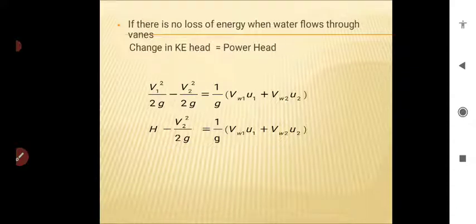If there is no loss of energy when water flows through the vanes, the change in kinetic head, V1 square by 2g minus V2 square by 2g, is equal to the power head, 1 by g into (Vw1 u1 plus Vw2 u2). So H minus V2 square by 2g is equal to 1 by g into (Vw1 u1 plus Vw2 u2).